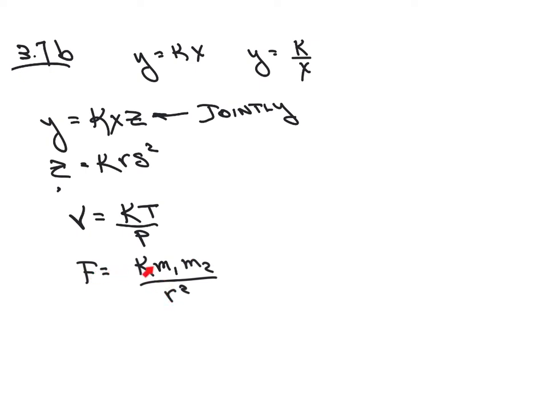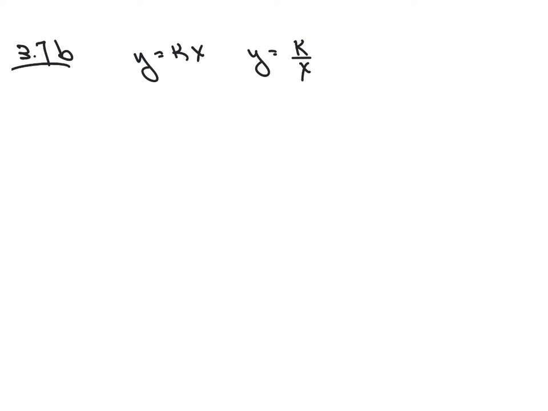Remember, I said jointly because we're multiplying two variables here, just like up here. If I say it varies directly, that means there's only one variable. If there were two variables, like if this was a z, I would say V varies jointly with T and z, and inversely to P. So it's all getting down to the vocabulary, and that seems to be so much of the work when you're dealing with math.